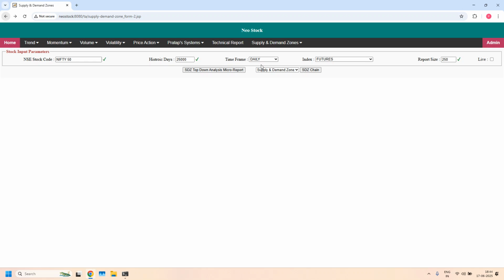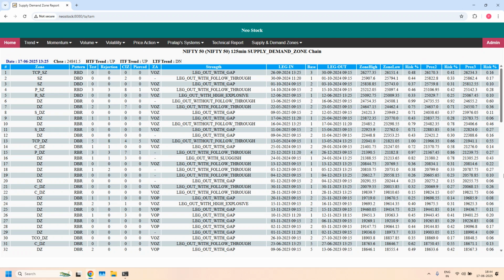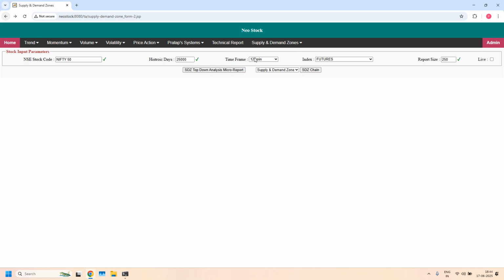Okay, next, generating the 125 minutes supply demand zone chain for NIFTY. Next, generating the 75 minutes supply demand zone chain for NIFTY.